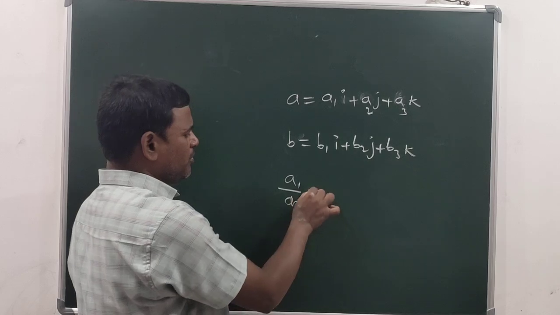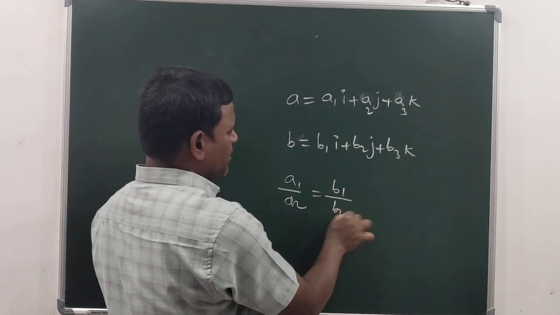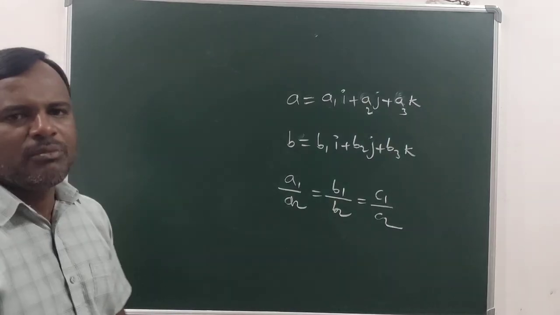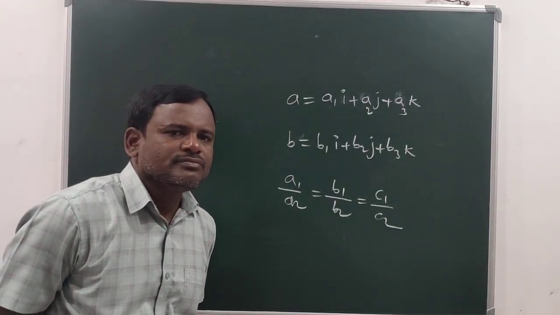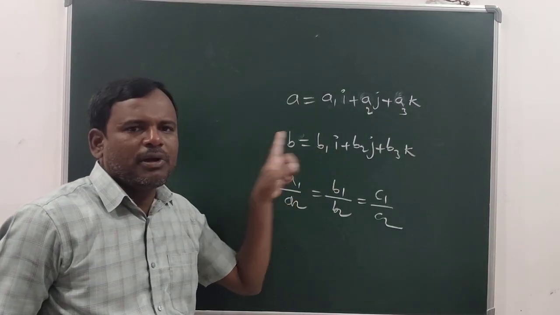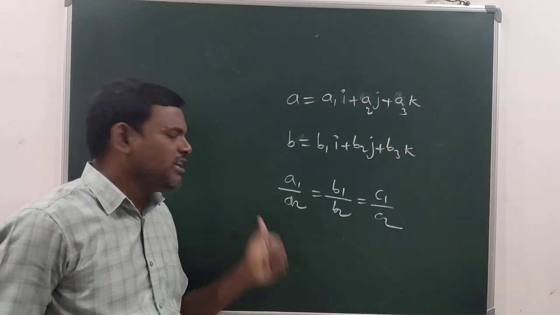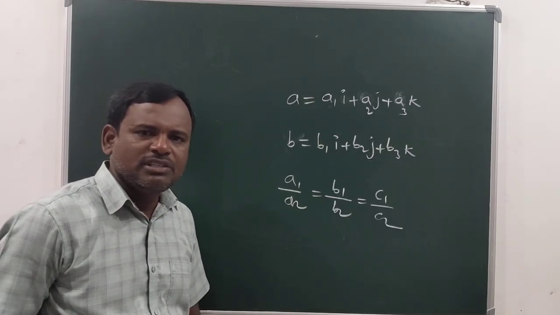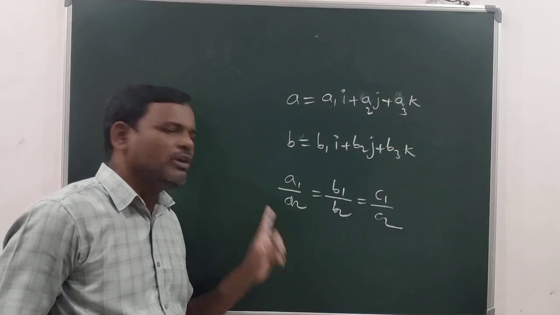A1 by B1 is equal to A2 by B2 is equal to A3 by B3. Remember this. If both vectors are parallel or collinear, then the corresponding coefficients are proportional. I hope you have got it.